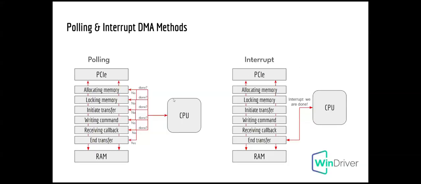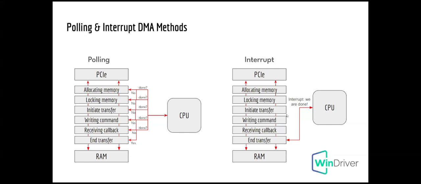We talked about two types of DMA methods. The polling, where the CPU keeps asking, are you done, are you done, during the DMA, which is consuming resource and requires more reading and writing.